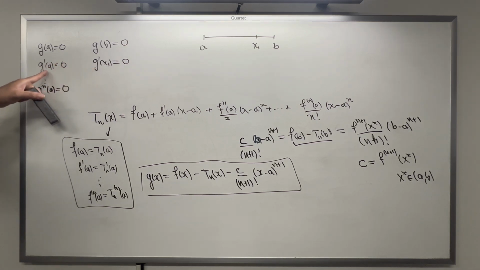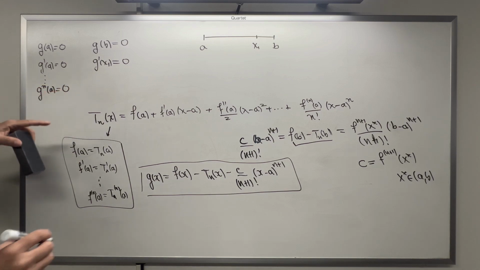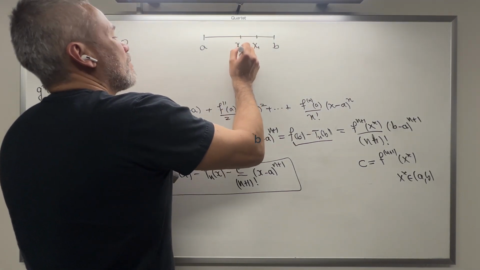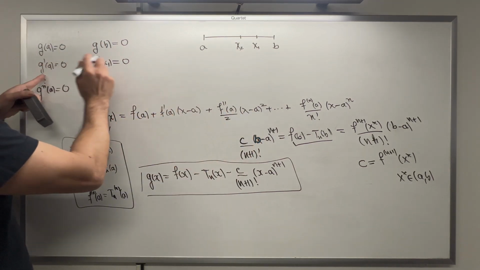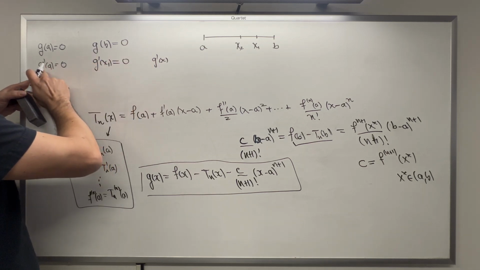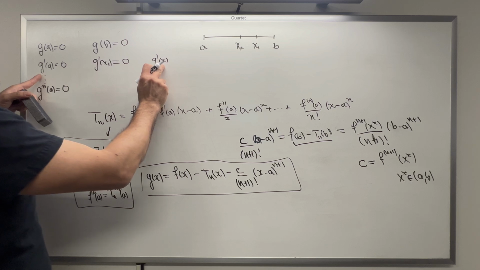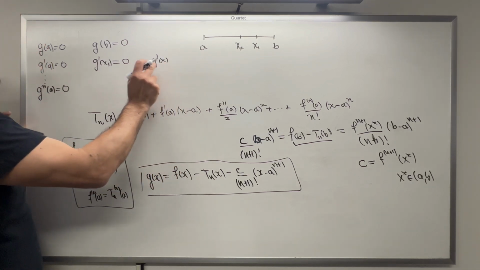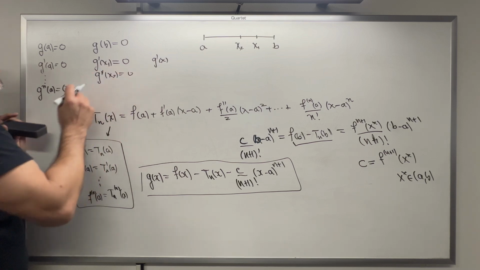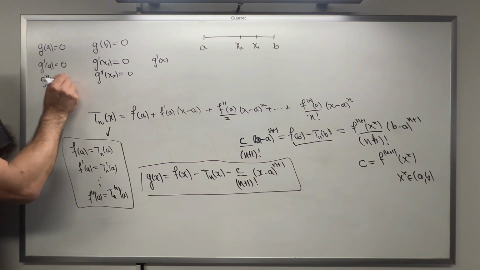But now, since I know that g prime of a is 0 and g prime of x1 is 0, then at some point x2 in between, the derivative of g prime is equal to 0. That is, the second derivative at that point is equal to 0, but we also have that the second derivative at a equals 0.